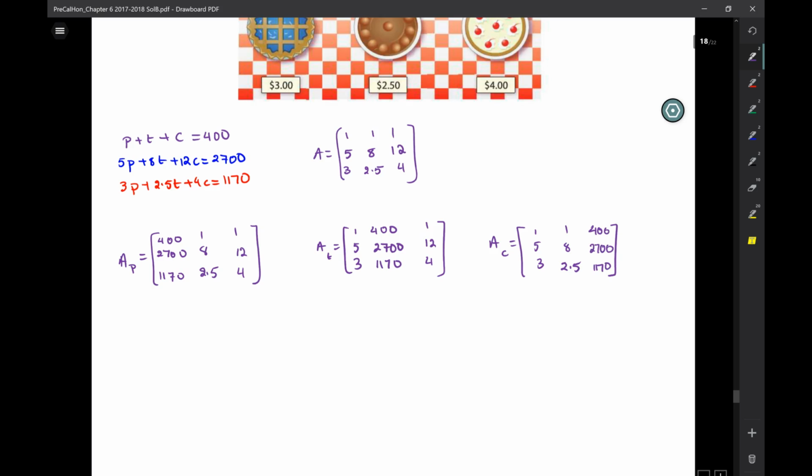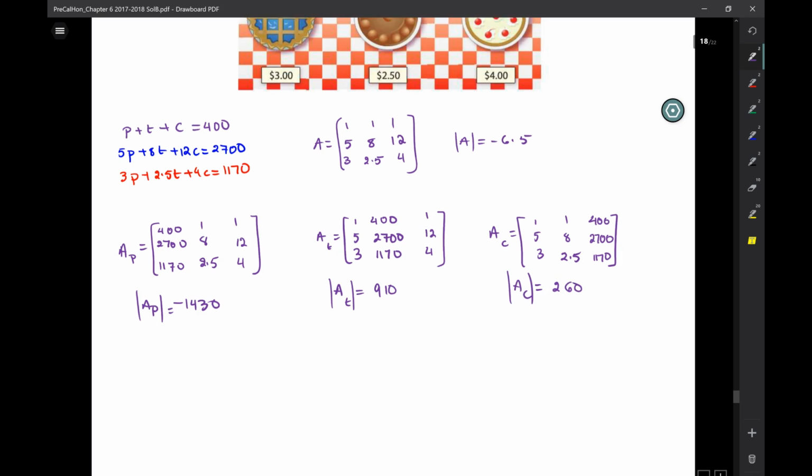Okay, so now here's what we're going to do. We need to find the determinants of all of these. Let me stop this for a second and we'll come back. Determinant of A, negative 6.5, AP, AT, and AC, 260.